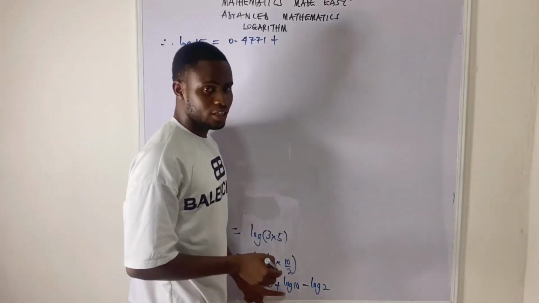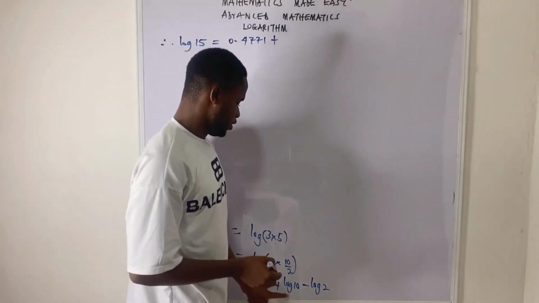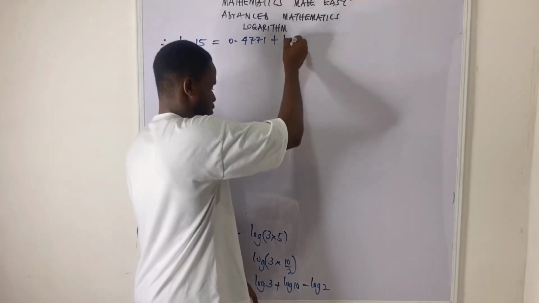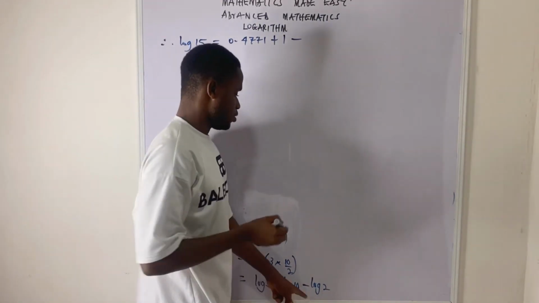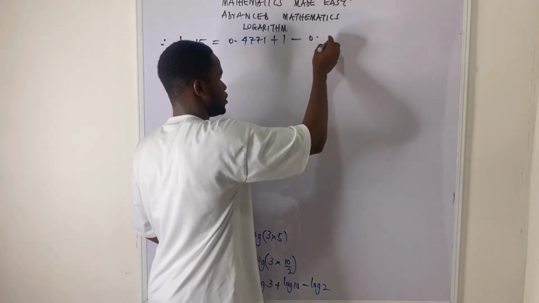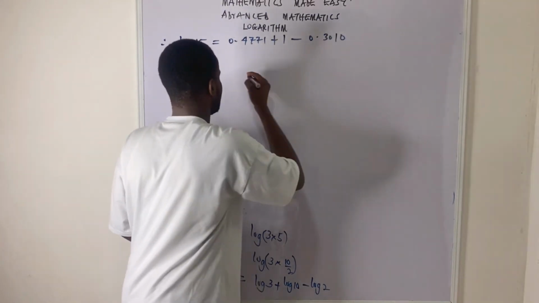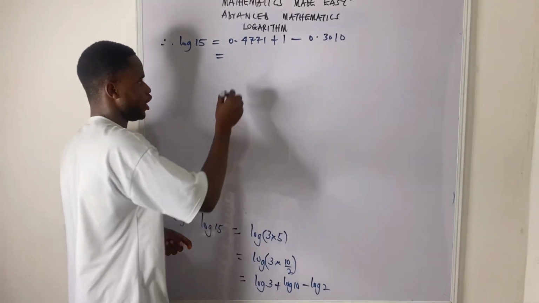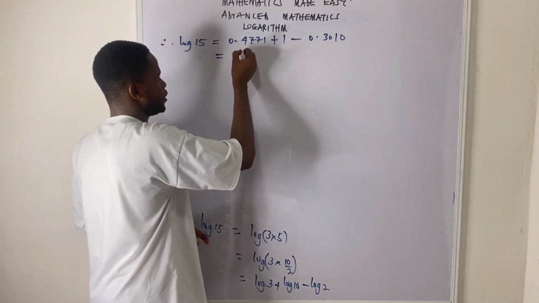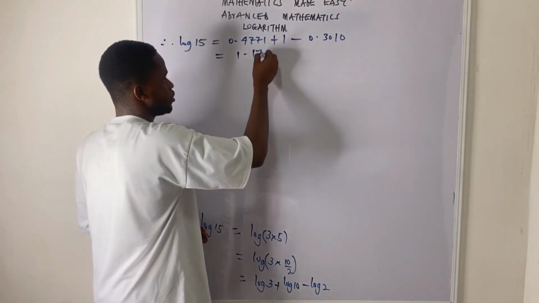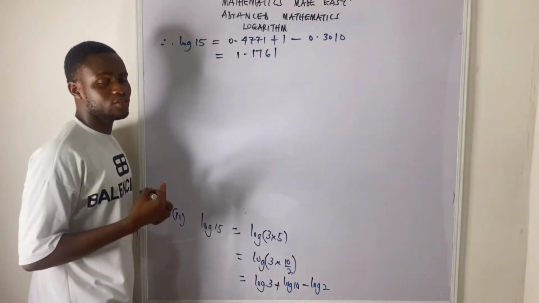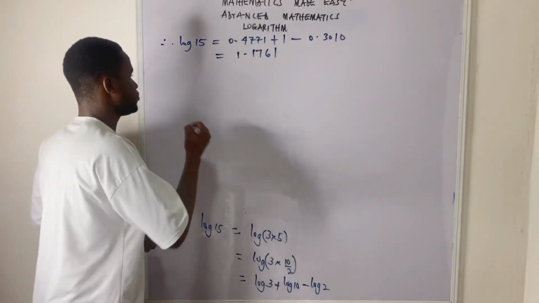Then, see this, you should know it's a common logarithm, so log 10 base 10 is 1. Then minus log 2, 0.3010. So if you add that together, you are going to get 1.1761.